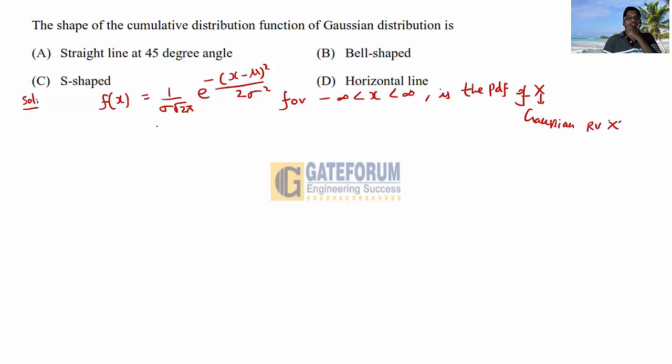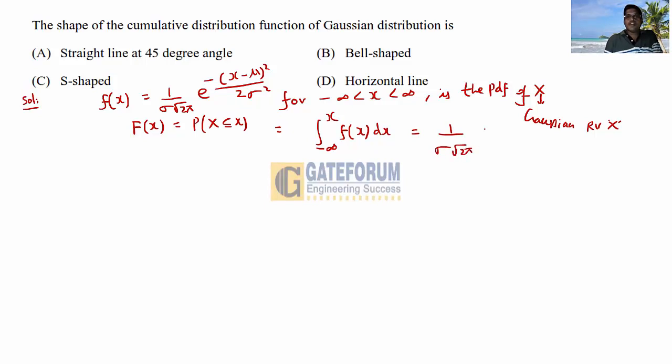The cumulative distribution function capital F(x) is equal to the probability of X less than or equal to x, which is the integral from minus infinity to x of f(x) dx, which is 1 by sigma root 2 pi times the integral from minus infinity to x of e to the power minus of (x minus mu) whole square by 2 sigma square dx.